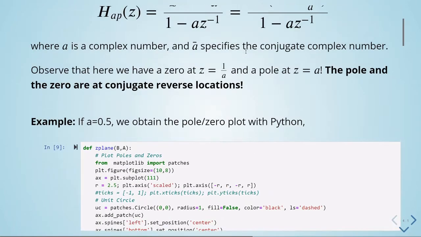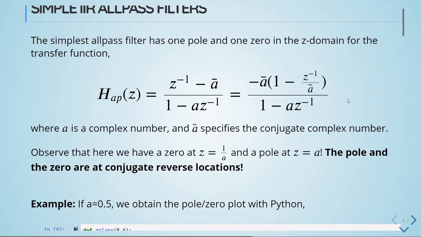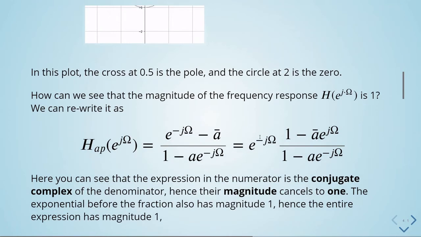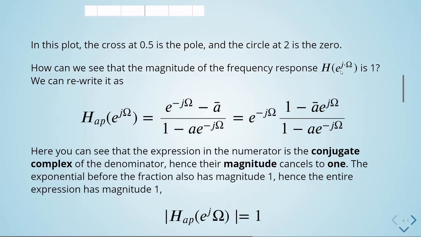So how can we see that the magnitude of the frequency response is equal to 1? So how can we see that indeed this is an all-pass filter, that the magnitude of this transfer function is 1? So if we rewrite the frequency response, replacing z by e to the power of j omega, we will see now this 1 here before the exponential has magnitude 1.